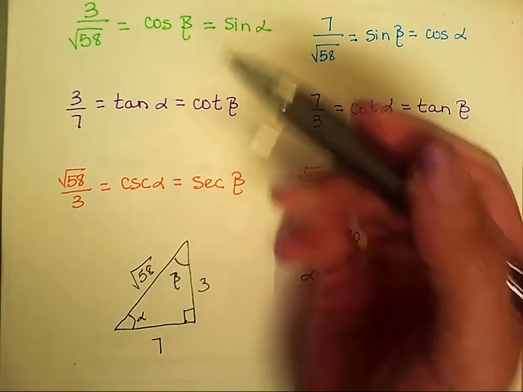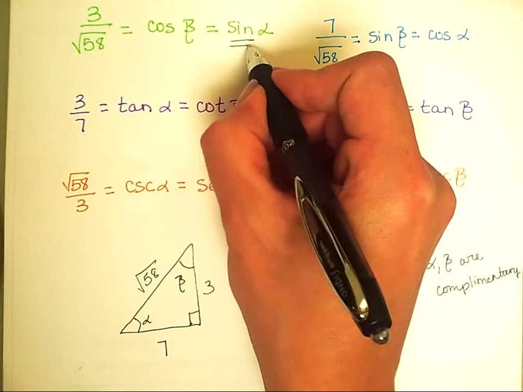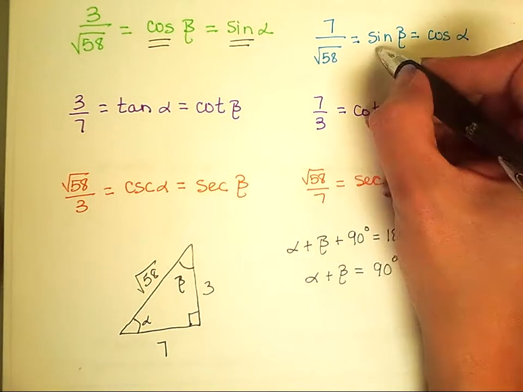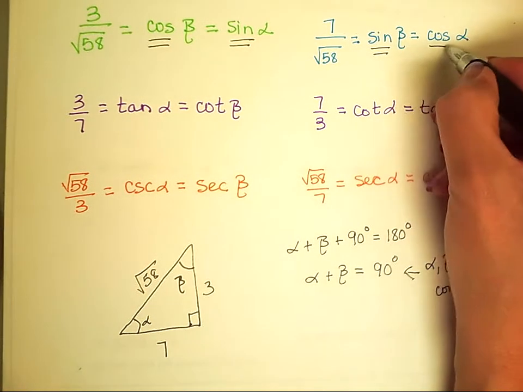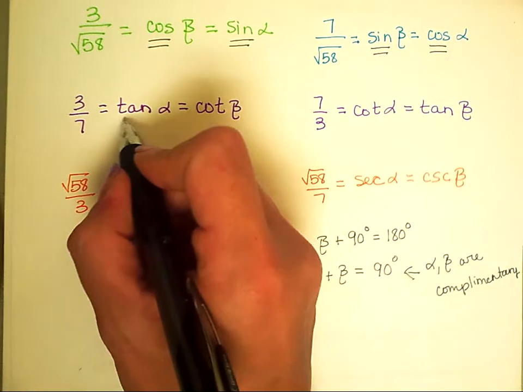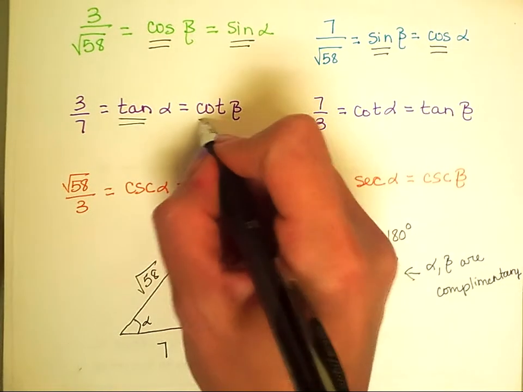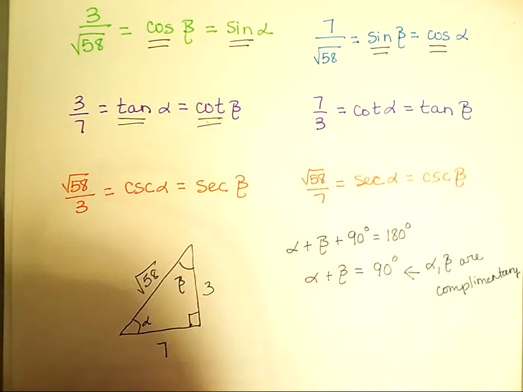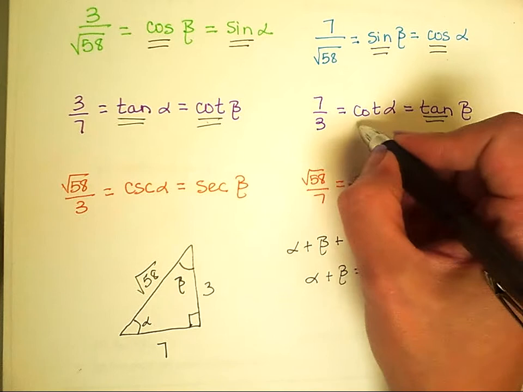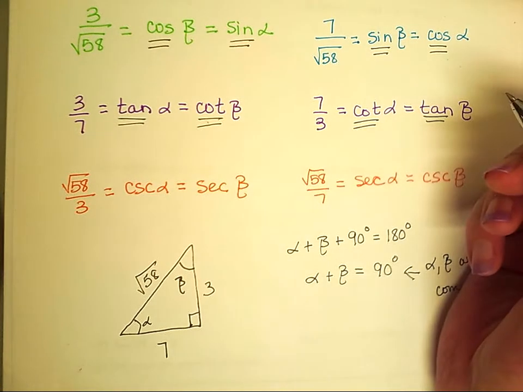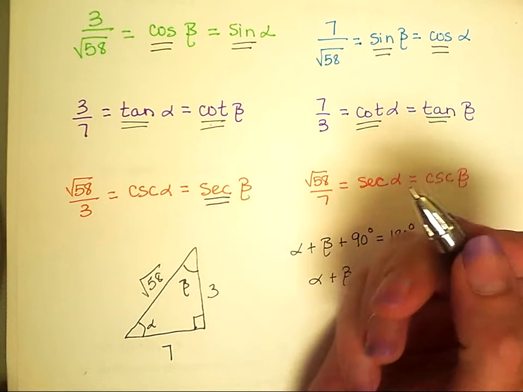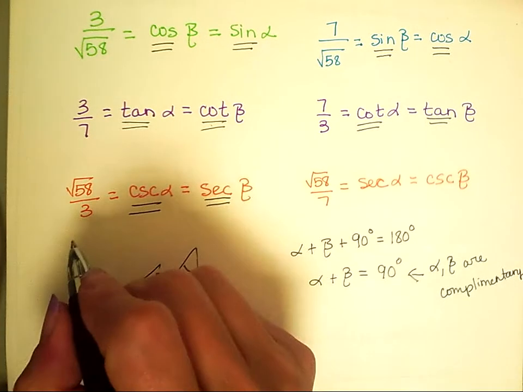So that's what we're looking at here. We're looking at angles that are complementary. Now let's see this relationship. Here I have sine, and here I have cosine. Same here, sine and cosine. This relationship has tangent and cotangent. Similarly over here, tangent and cotangent. Here we have secant and cosecant.